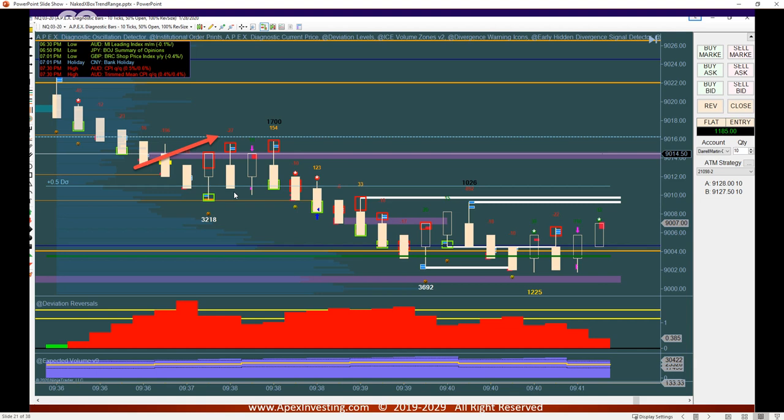But when you see that right there, that's why you've got to be aware of your surroundings. It's just like the analogy I used a little while ago about driving the car, right? You've got to know what's ahead of you. You've got to check your rear view, check your side views. But does that make sense? Is that a good example right there of what we mean by getting it on the other side? If you're just a handful of ticks away, just get your stop on the other side of that to protect yourself.